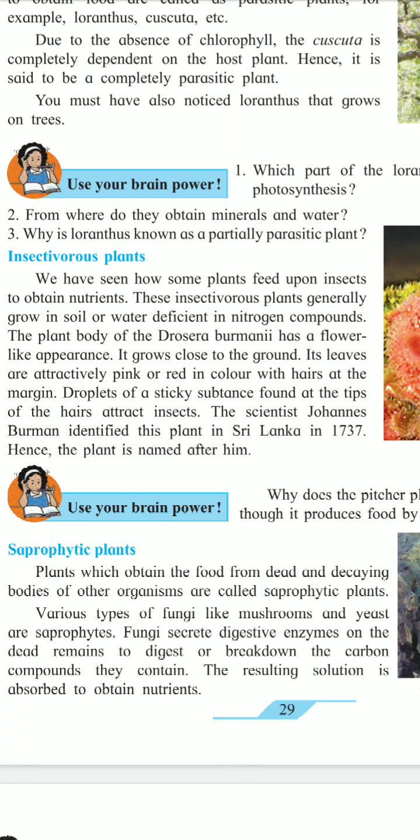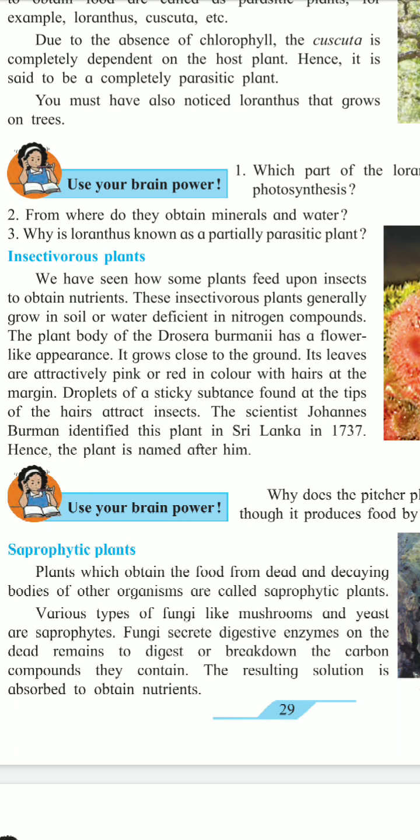Because of the attractive color of the Drosera plant, insects get attracted, and once insects come near them, the plants get nitrogen from them without doing the photosynthesis process. The scientist Johannes Burman identified this plant in Sri Lanka in 1737.